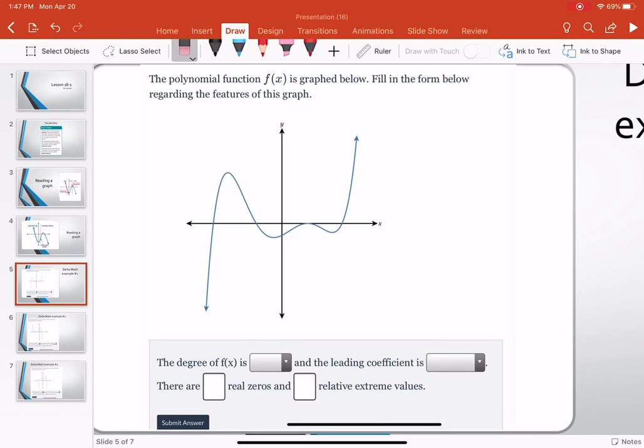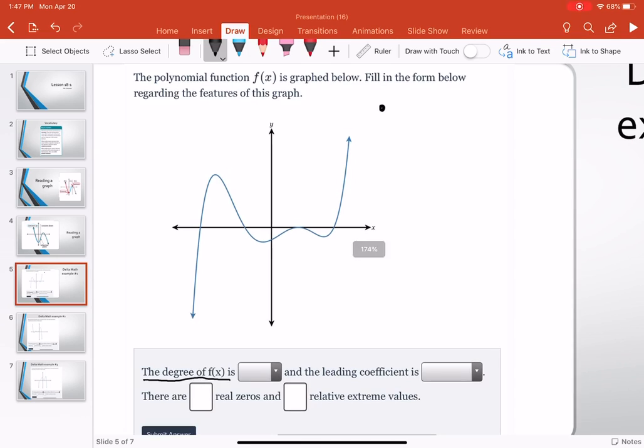All right, so we're going to start with answering this question. What is the degree of this polynomial function? To look at the degree of the function, I'm going to look at the end arrows. Here this end goes down and this end goes up.